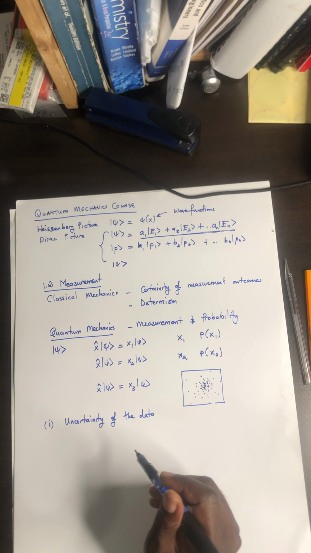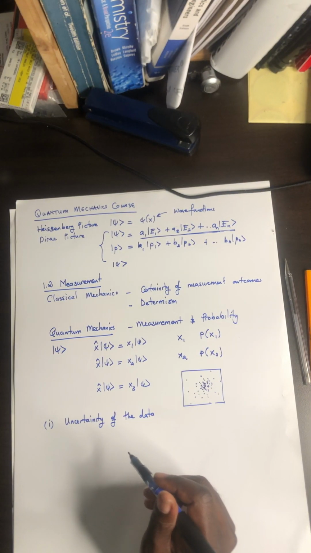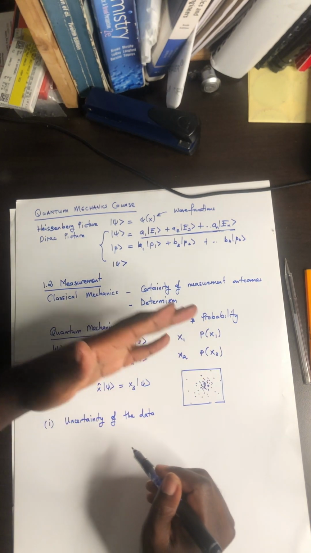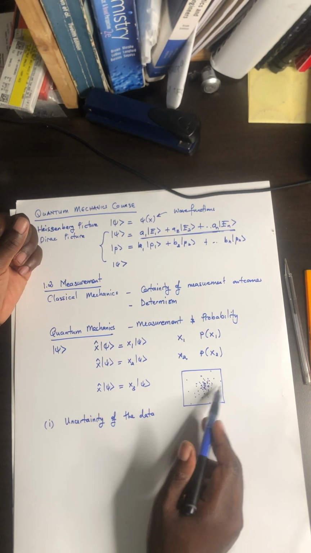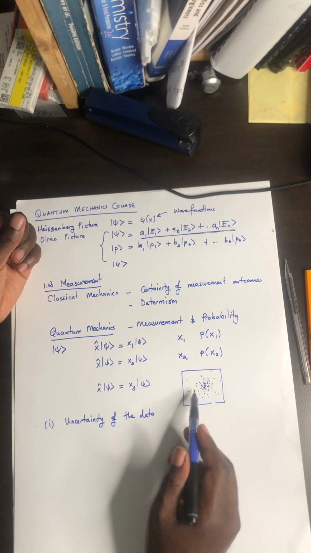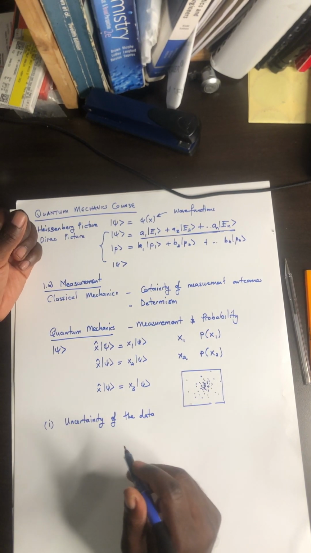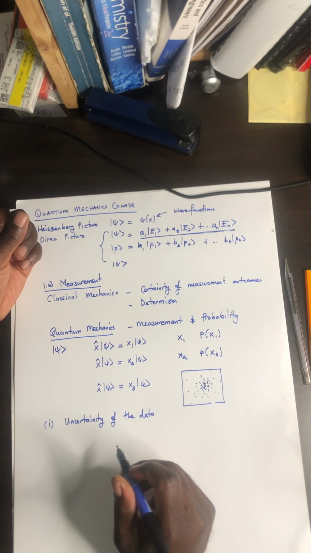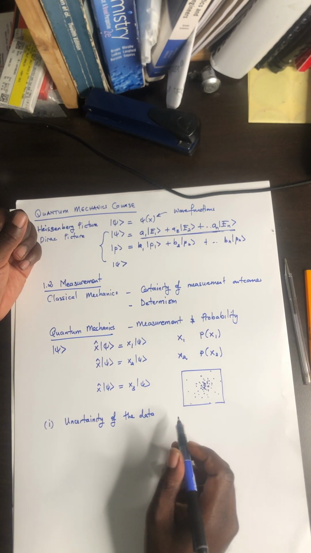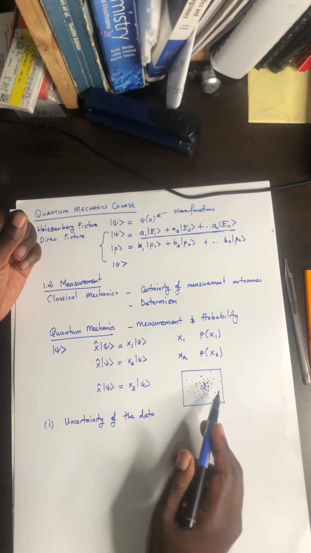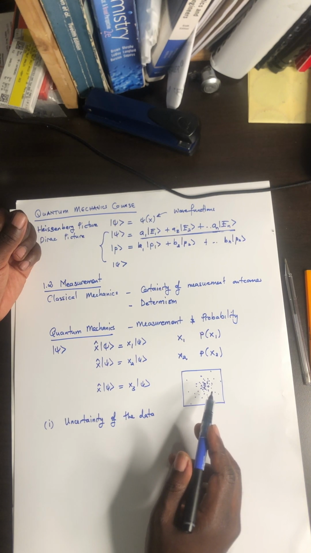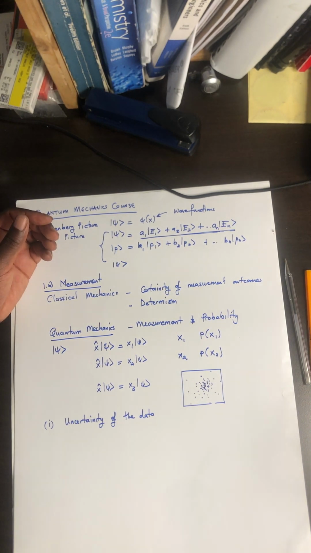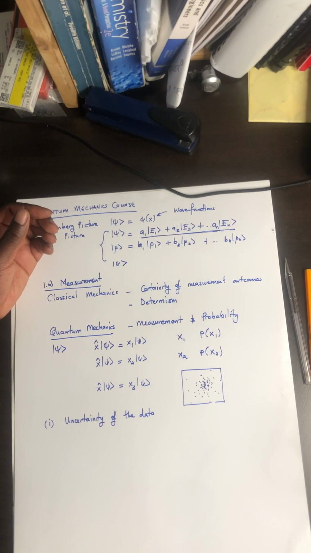Particles that are identically prepared and look exactly the same will not hit the same place but are kind of scattered. So there's an inherent uncertainty in the data that we record. Now, the source of this uncertainty in measurement is debatable. A lot of people debate where it comes from.